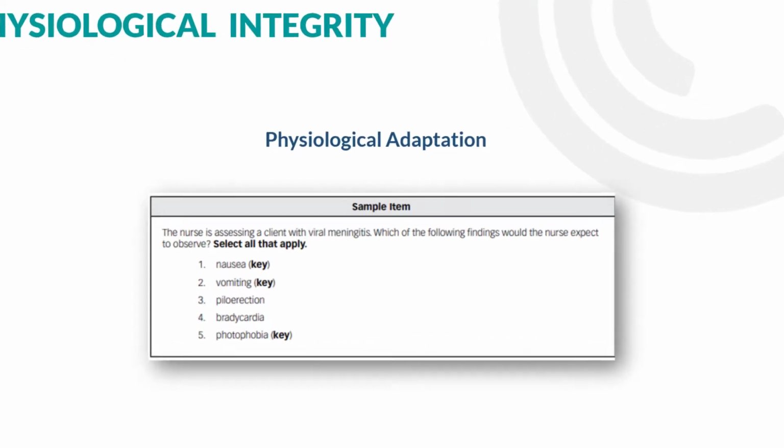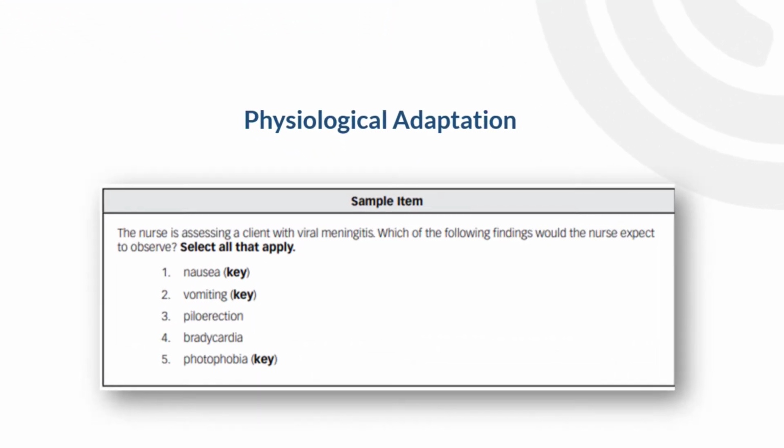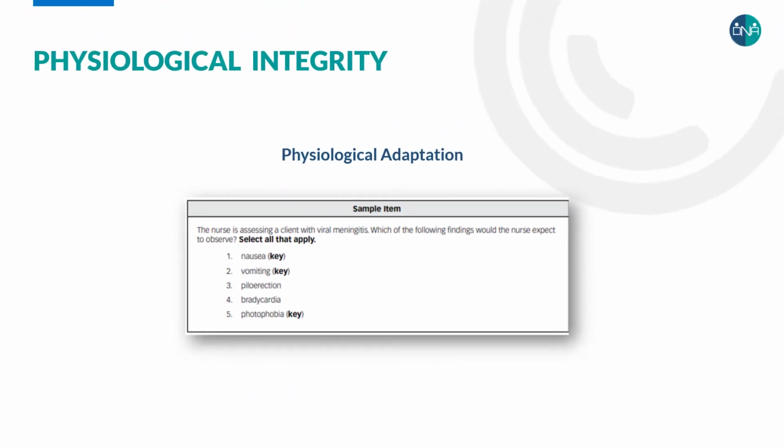So this is an example of a question that addresses the subcategory physiological adaptation in the client needs category physiological integrity. This question addresses a health condition and its associated symptom. Review this question by pausing this video.